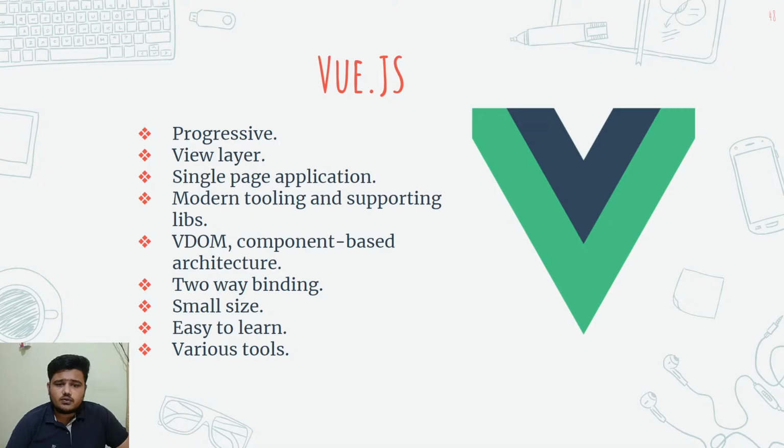On the other hand, Vue is also perfectly capable of powering sophisticated single page applications when used in combination with modern tooling and supporting libraries. So this is the basic or the core concept of Vue.js, right? As we have understood, it is a progressive framework, also mainly used with other libraries and tools, and using Vue we can make sophisticated single page applications.